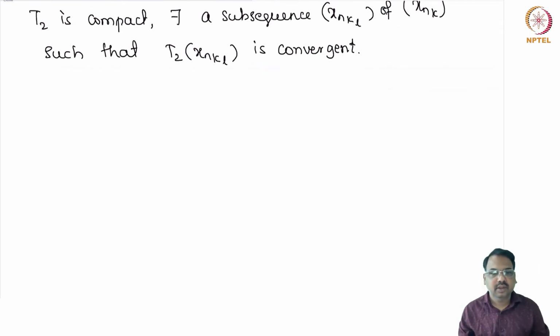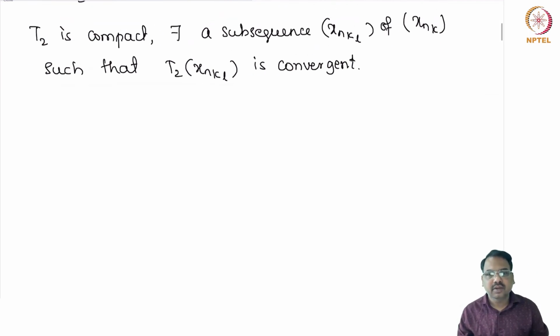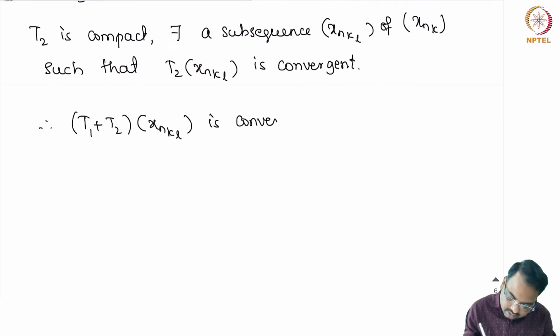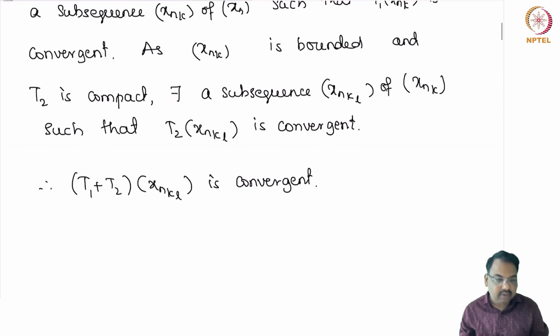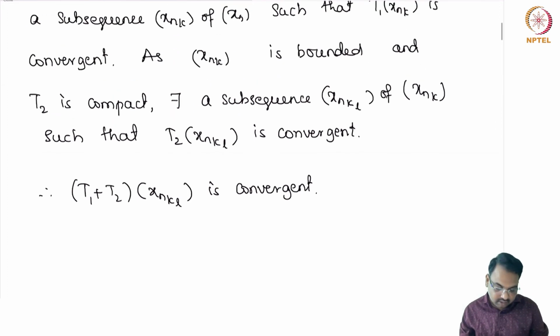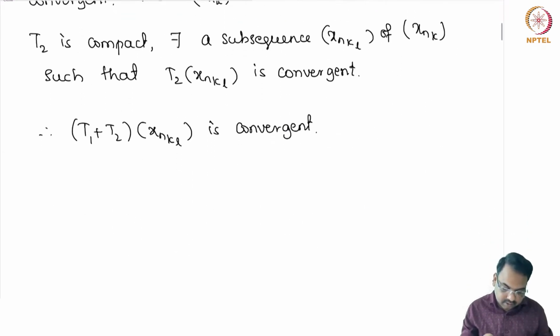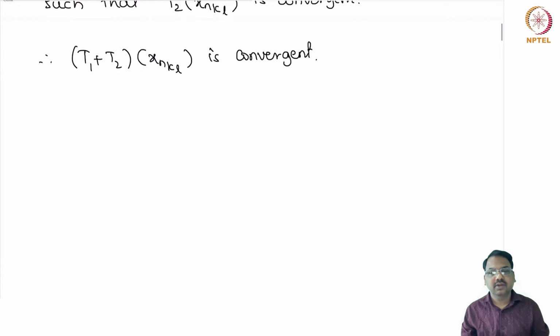We also know that T1 of Xnk is convergent. Now Xnkl is a subsequence of Xnk, so therefore we can say that T1 plus T2 of Xnkl is convergent. So this completes the proof that T1 plus T2 is compact. Okay, so we have shown that K of H1, H2 is a vector space.